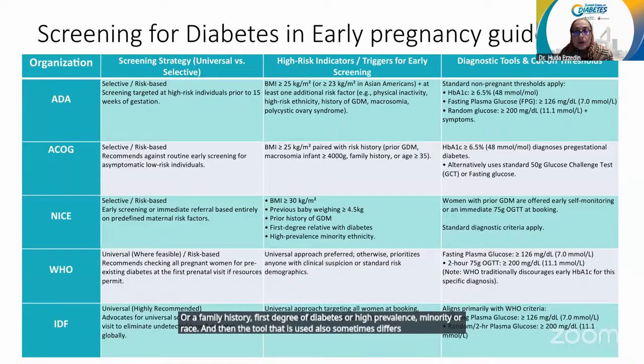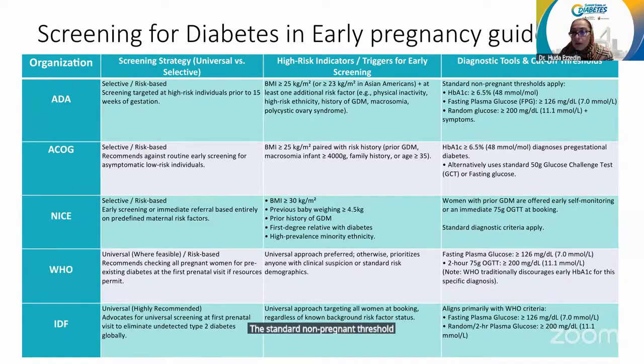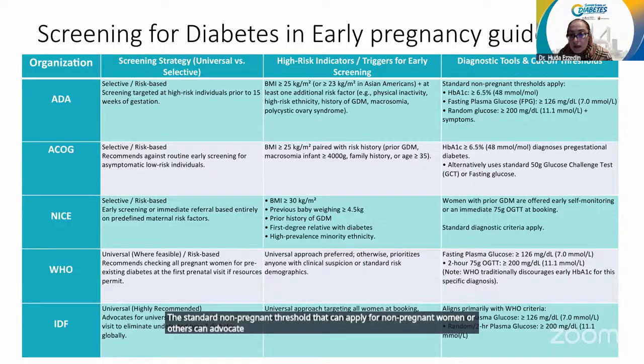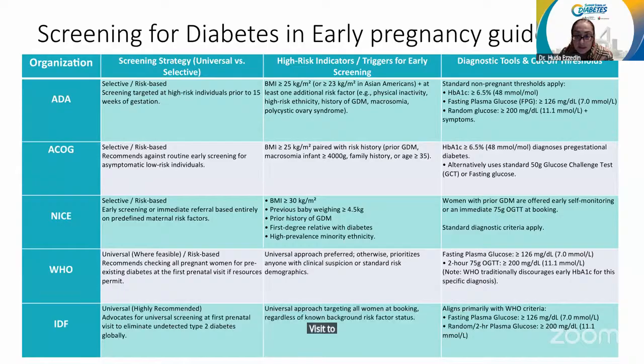Some people advocate the standard non-pregnant threshold, while others, for women with prior GDM, offer a 75-gram OGTT at booking on the first antenatal visit.